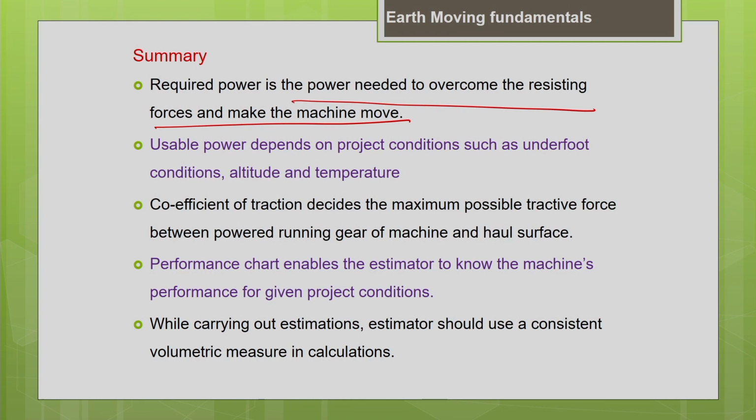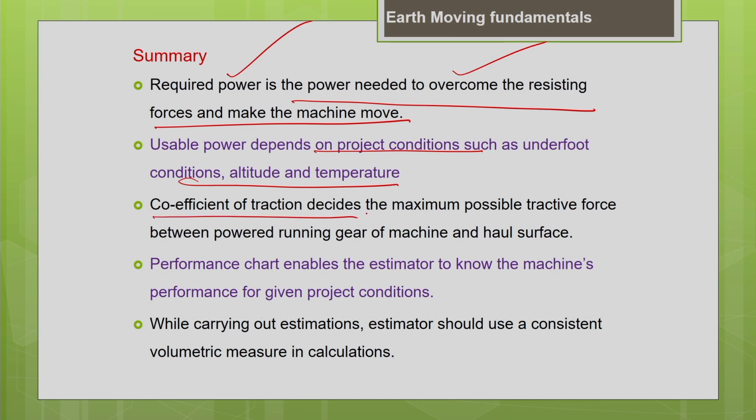Then you have to find the tractive effort or the power needed to overcome these resisting forces. Then usable power depends upon the underfoot conditions in your project site, and the altitude and the temperature. So it varies depending upon your project site.